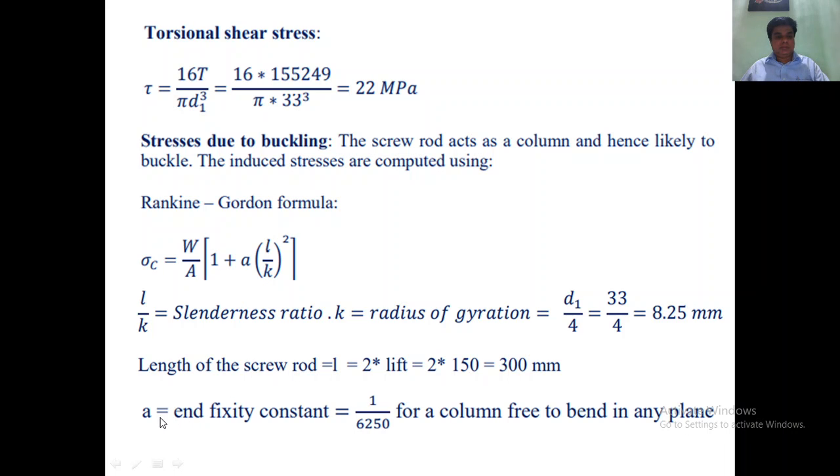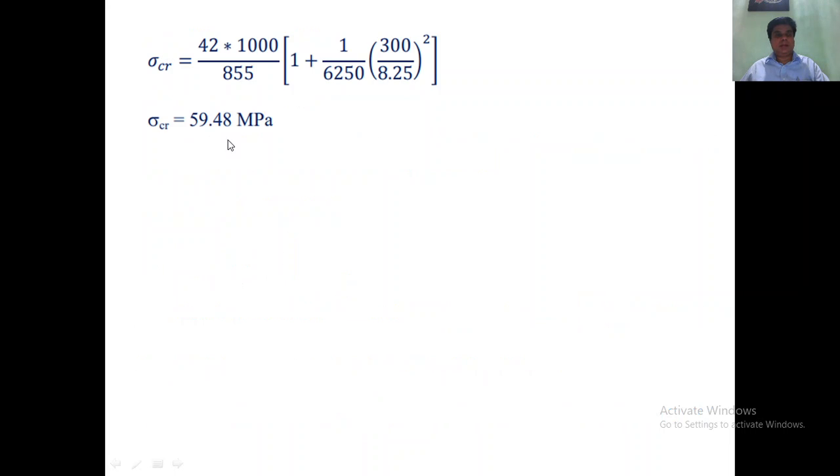A is from the data handbook, it is so much for a column free to bend in any plane. You can take this condition in the data handbook and assume some value of A. Knowing all these values, you can easily calculate the crushing stress or the critical stress in bending. This is the column critical stress induced in the screw rod.